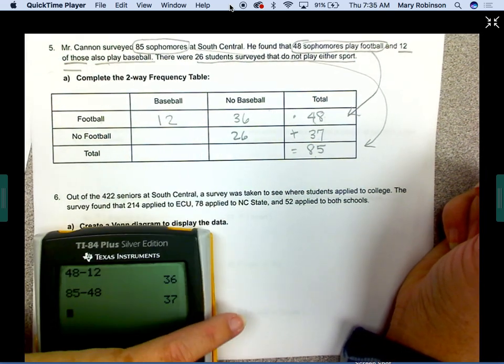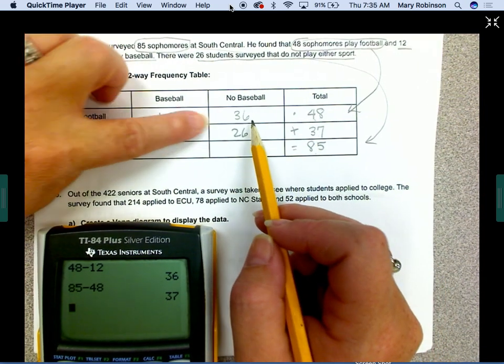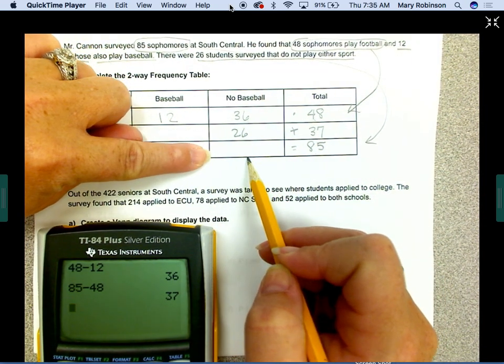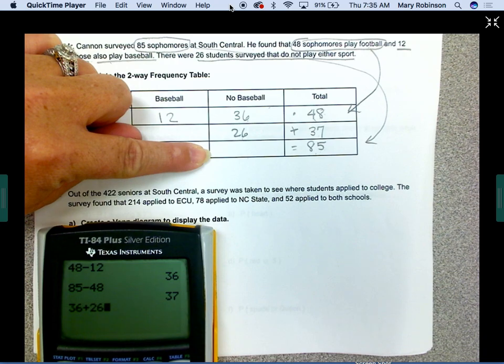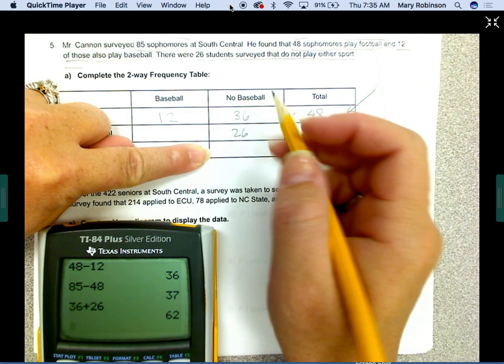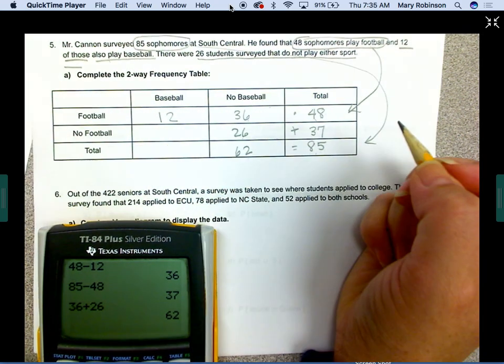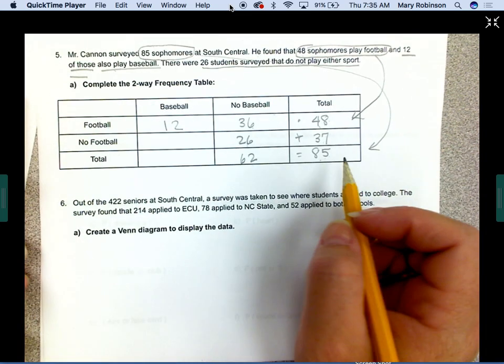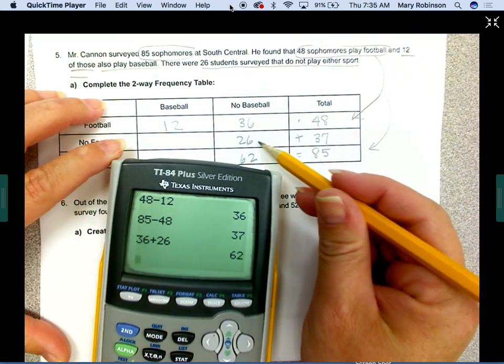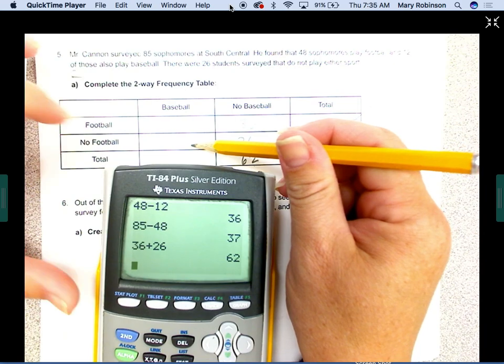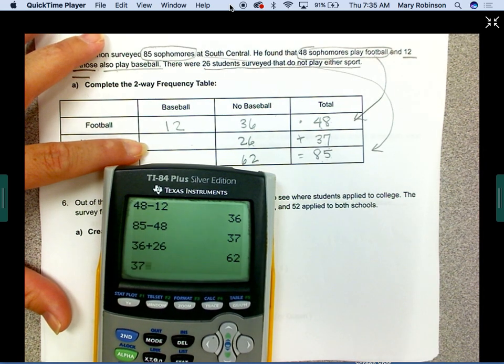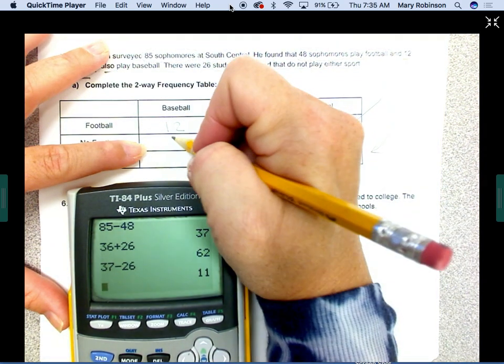And I've got some options to go from here. I can do 36 plus 26 to get this total, and that gives me 62. And then I can also work backward again and do 37 subtract 26 to get baseball and no football, and that gives me 11.